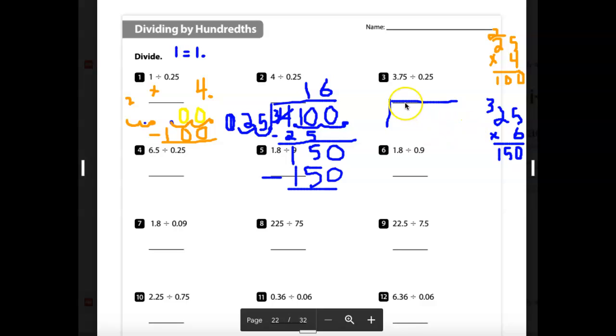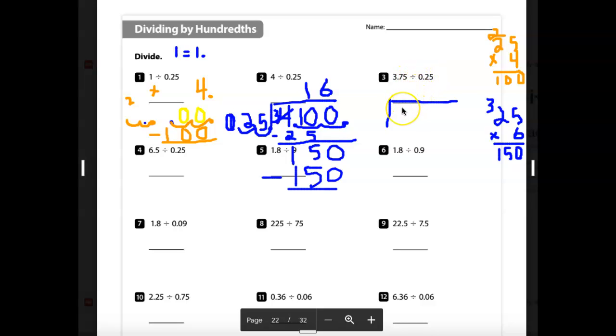And let's take a look at this one. Now, this one's a little tricky. So I'm going to just change the color here. Let's go with green. All right, so this says 3.75 divided by 0.25.